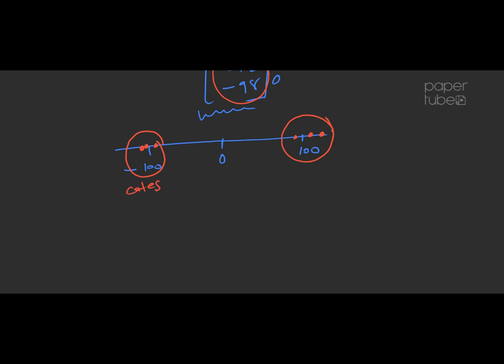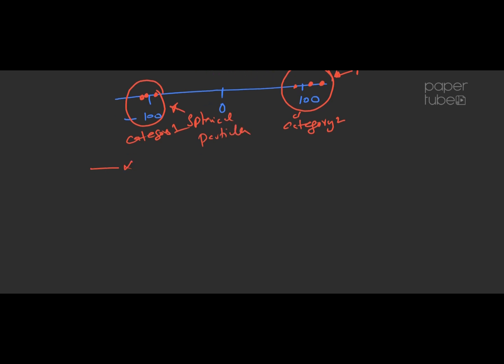First one may be category 1, second one may be category 2. So this one typically corresponds to your needle-shaped crystals, and this one corresponds to your spherical particles. So that completes our exercise.